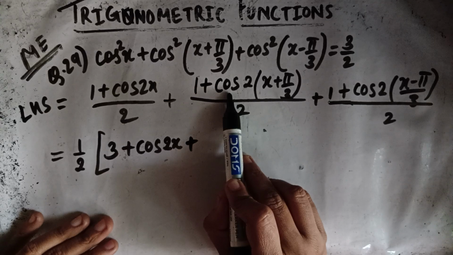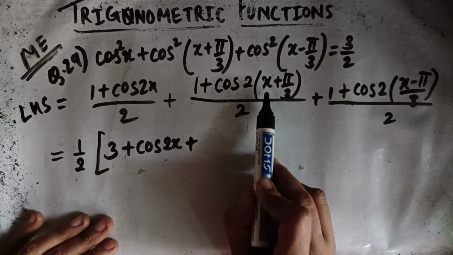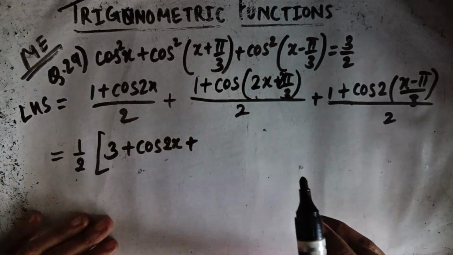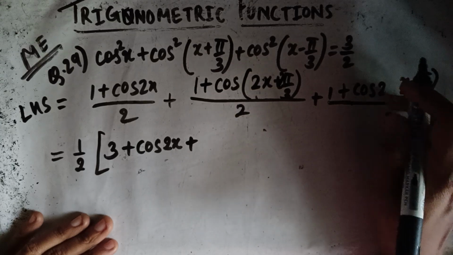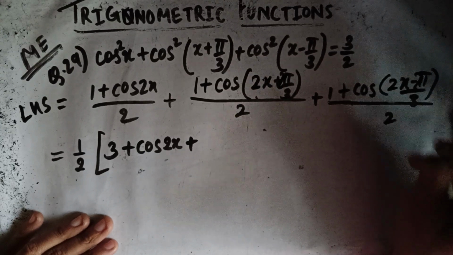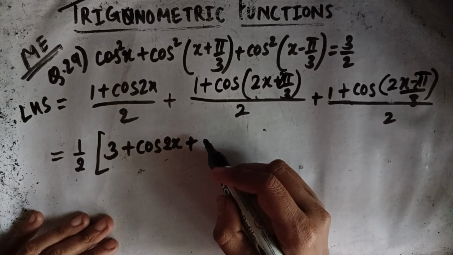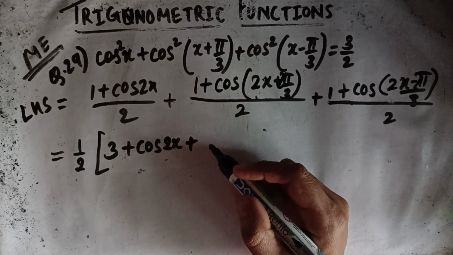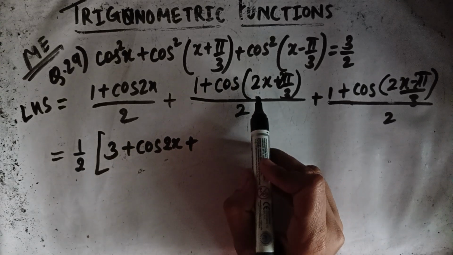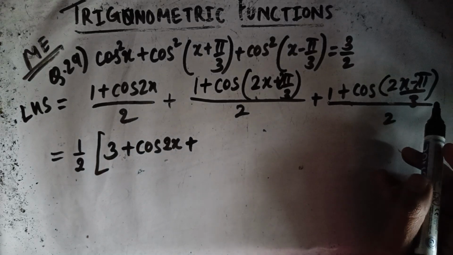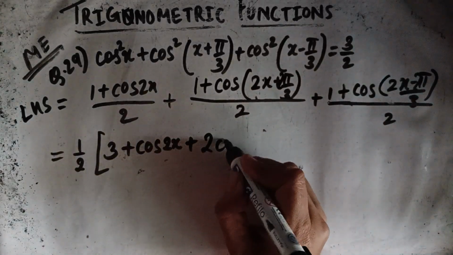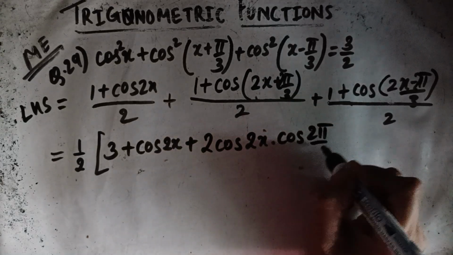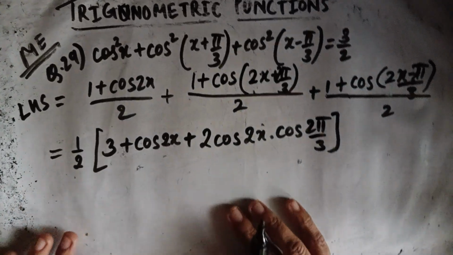Now this is cos 2x. I'll take that 2 inside: 2x plus 2 pi by 3, 2x minus 2 pi by 3. So here you can write this as cos a plus cos b, which is 2 cos of (a plus b) by 2 into cos of (a minus b) by 2.